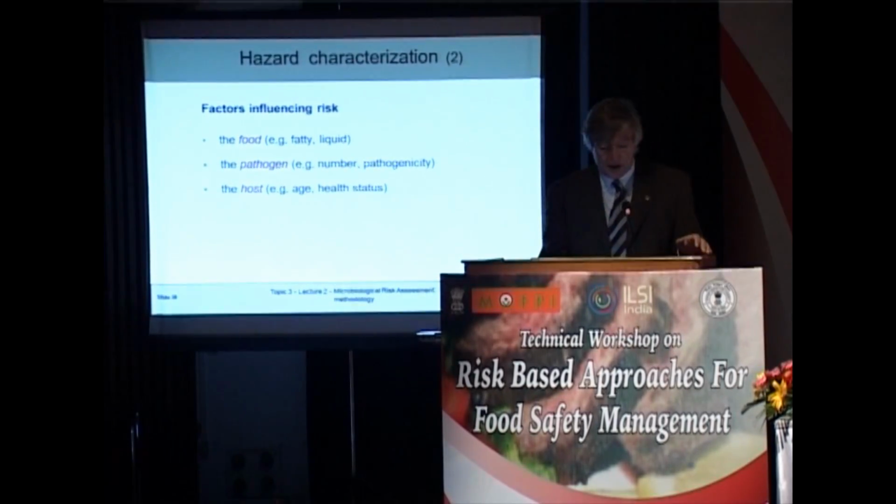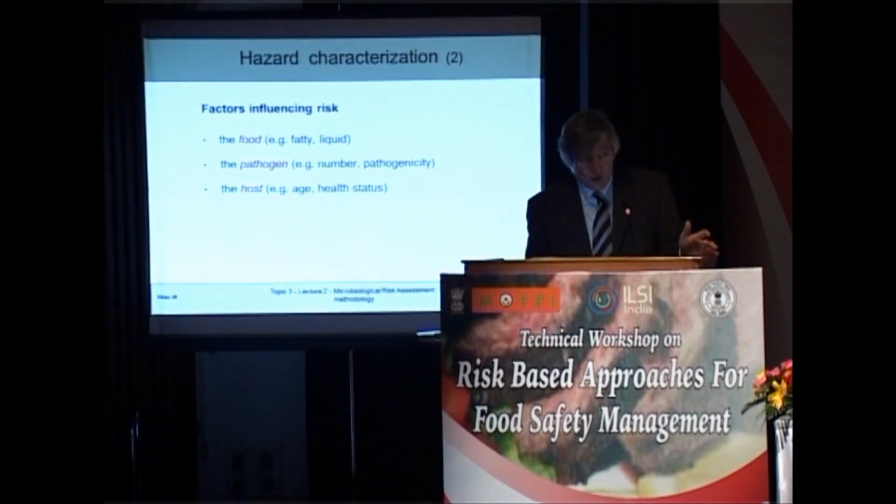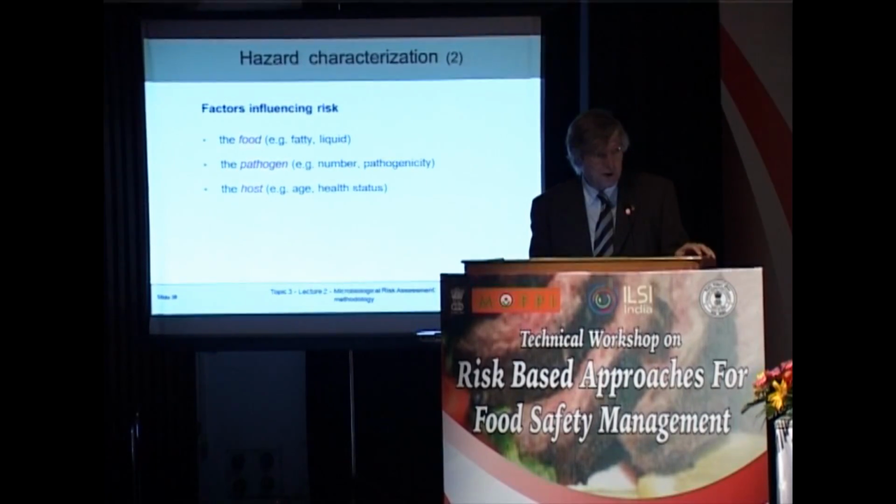So there are three contributors to variability in hazard characterization. Food can have an impact on the microorganism or the consumer in terms of how a hazard impacts. Certainly the pathogen, in terms of number, how virulent the organism is, whether it produces toxin, as I said.